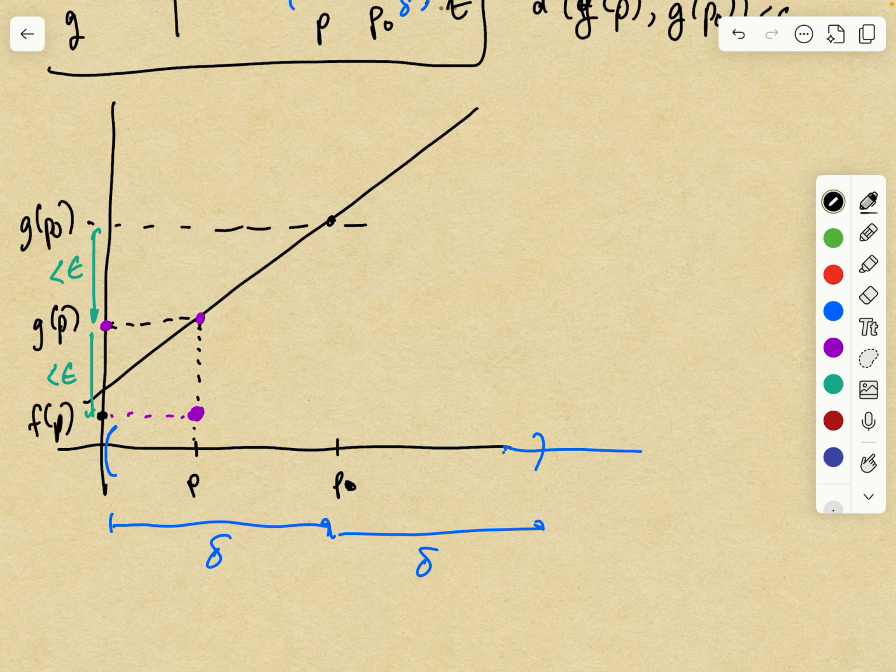The distance between g of p naught and f of p naught must be less than epsilon. And so the farthest that f of p naught could be away is if f of p naught is all the way up here. So this distance must be less than epsilon.